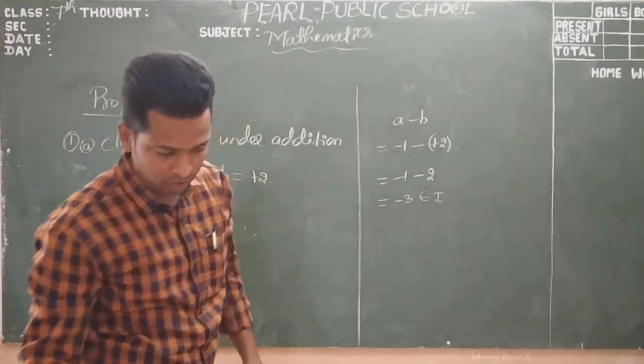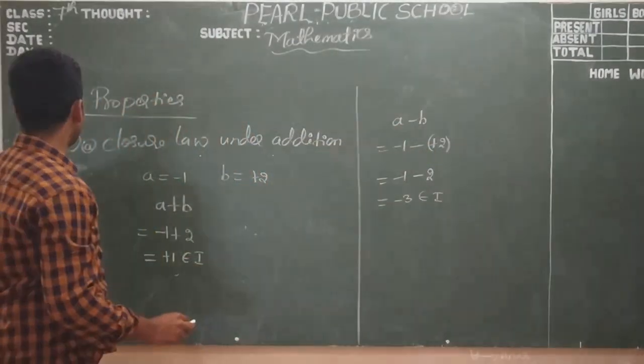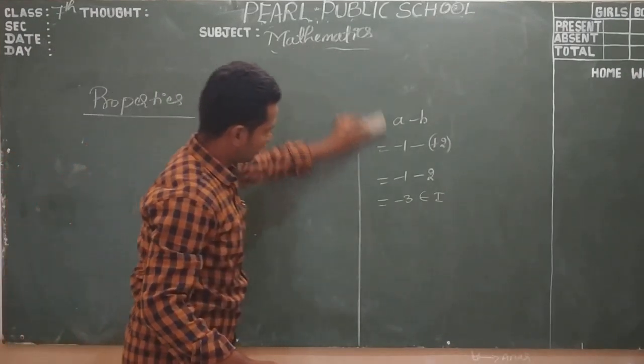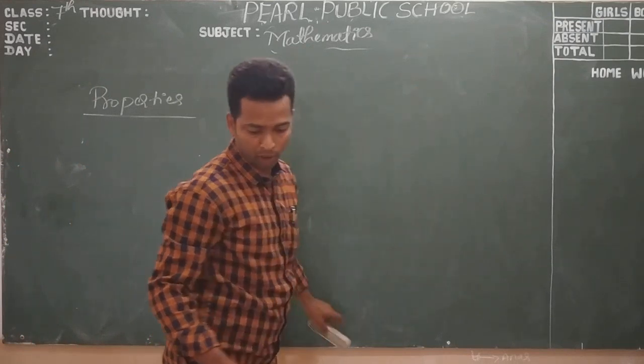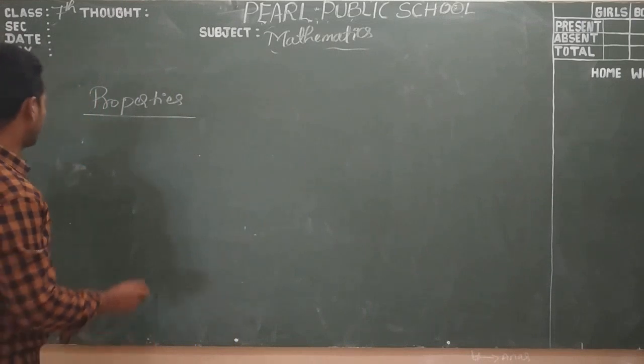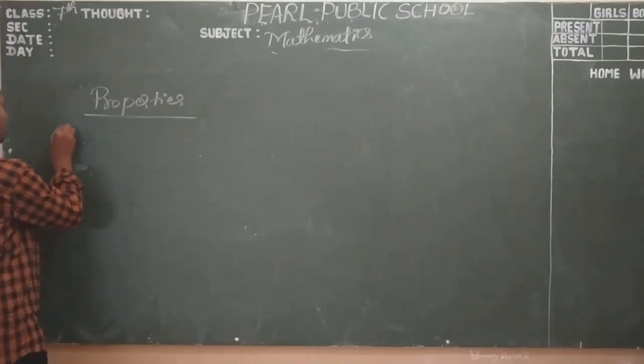See, likewise, we will prove the next law, that is the commutative law or commutative property. The second one is the commutative property.